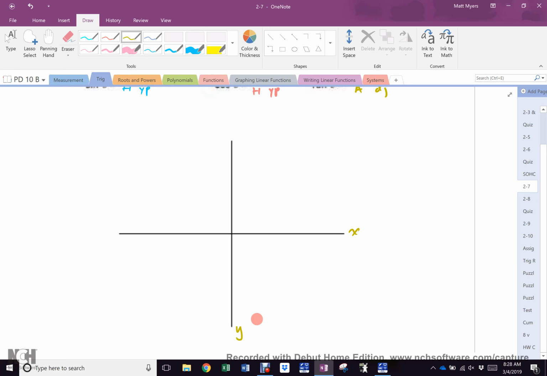Now, you have all brought prior knowledge to the party of this construction here, right? Of course you have. On the x-axis, what are all of these numbers out here? Positive. What are all these numbers out here? Negative. On the y-axis, what are all these numbers up here? Positive. What are all these numbers down here? Negative.